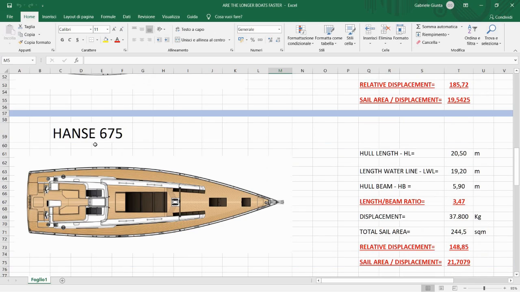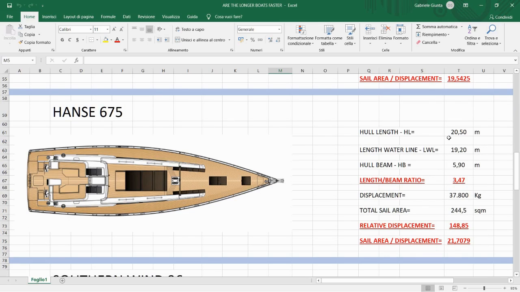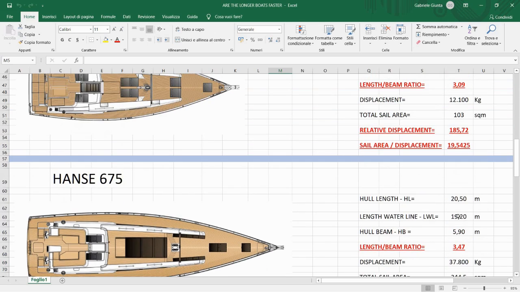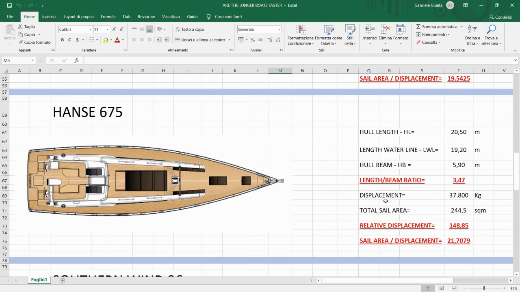Let's consider the Answer 675. Hull length 20.5 meters, length waterline 19.2, hull beam 5.9, length beam ratio 3.47. Better and better. Displacement 37 tons and 800 kilos.